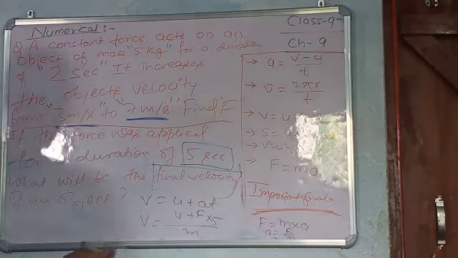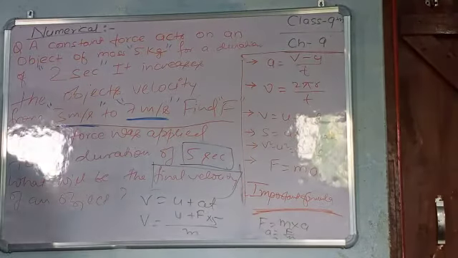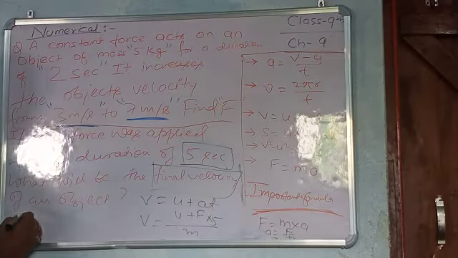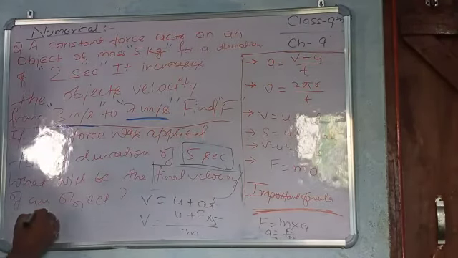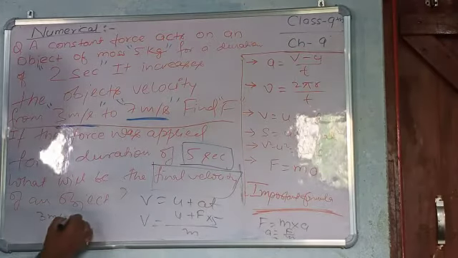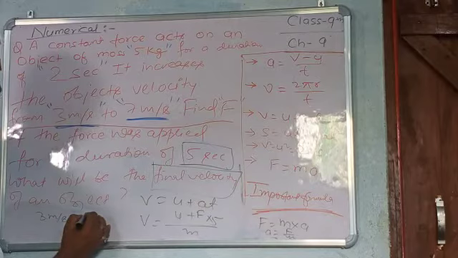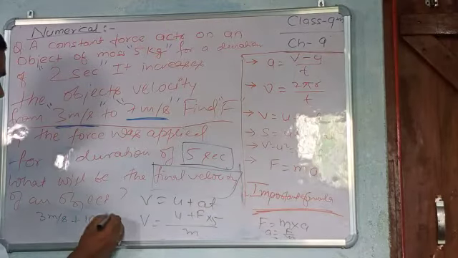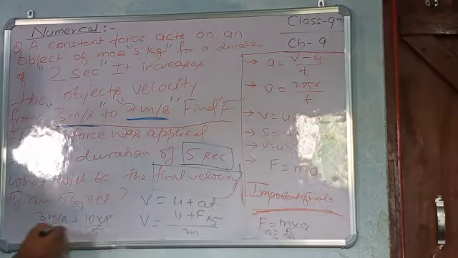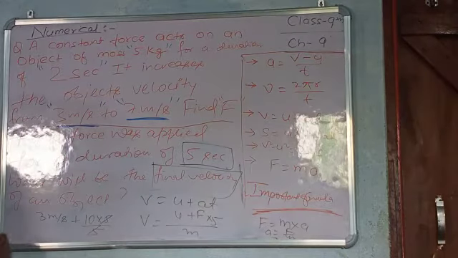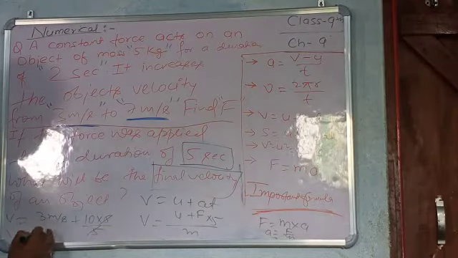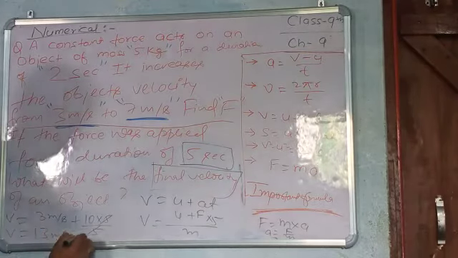Putting u equals 3 meter per second, force is 10 Newton into 5 upon mass 5, the 5s cancel. So final velocity is equal to 10 plus 3, 13 meter per second. Answer.